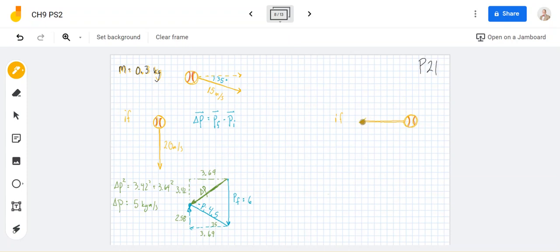So we're going to use the exact same understanding here, where this time we're going to take our final momentum, and again we're going to subtract off our initial momentum. So here's the final momentum this time. Okay. Again, it's 20 meters per second. So the final momentum is equal to 6. And this time we're going to, again, subtract off the initial, which is this one right here.